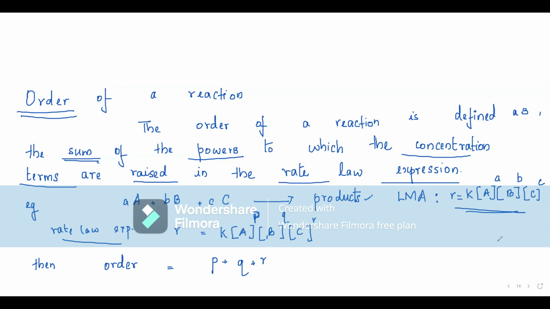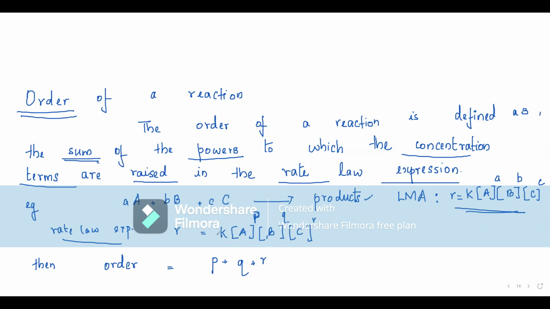According to the law of mass action, the previous one was [N2O5] to the power of 2. But according to the rate law expression, R is K into [N2O5] to the power of 1. So the power as per LMA was 2, but the power as per the rate law expression is 1 in the decomposition of N2O5.